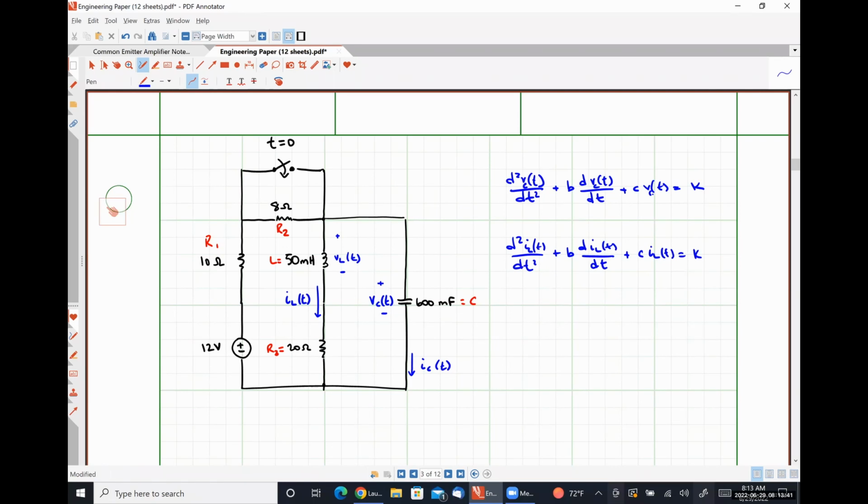And from there, I can simply look at my coefficient B, look at my coefficient C, and then calculate alpha, omega naught, and then move along with my day.